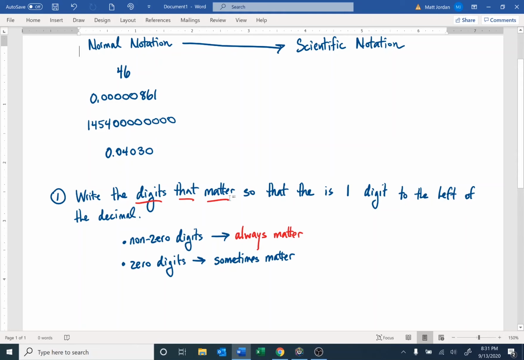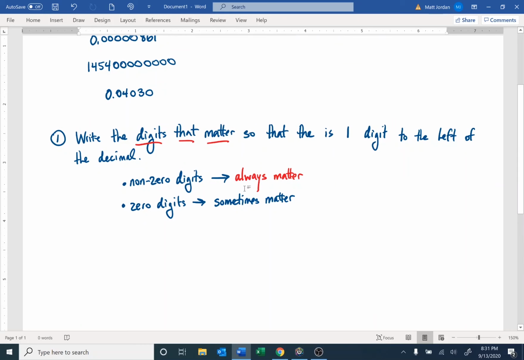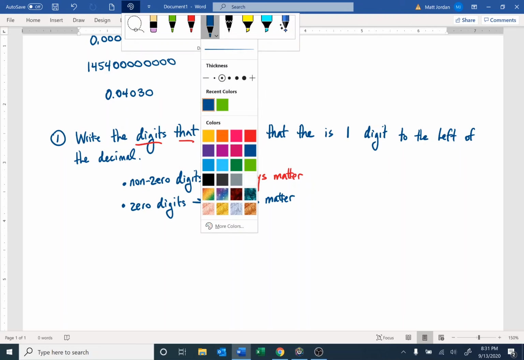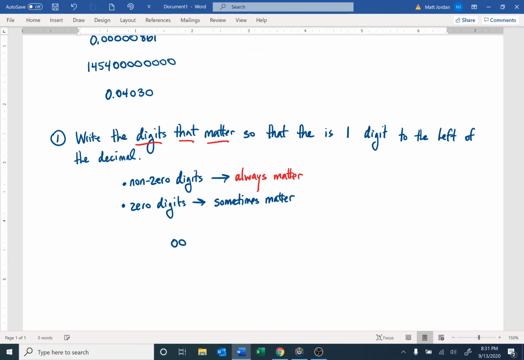The way that we're going to describe the types of zeros is we're going to draw the anatomy of a number here. Every number can have some zeros in front. Maybe there are 5 zeros in front. Maybe there are some non-zero digits here.